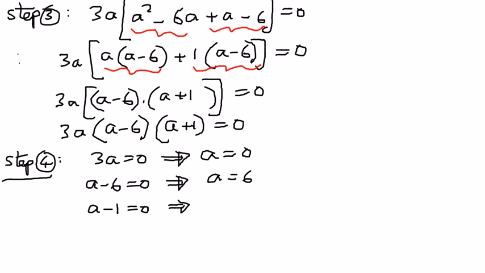Therefore, if I were to subtract 1 from both sides of the equation, the positive 1 and negative 1 cancel out on the left hand side, leaving us with a is equal to negative 1. So a equals 0, a equals 6, and a equals negative 1 are the three solutions for the polynomial which we started off with.